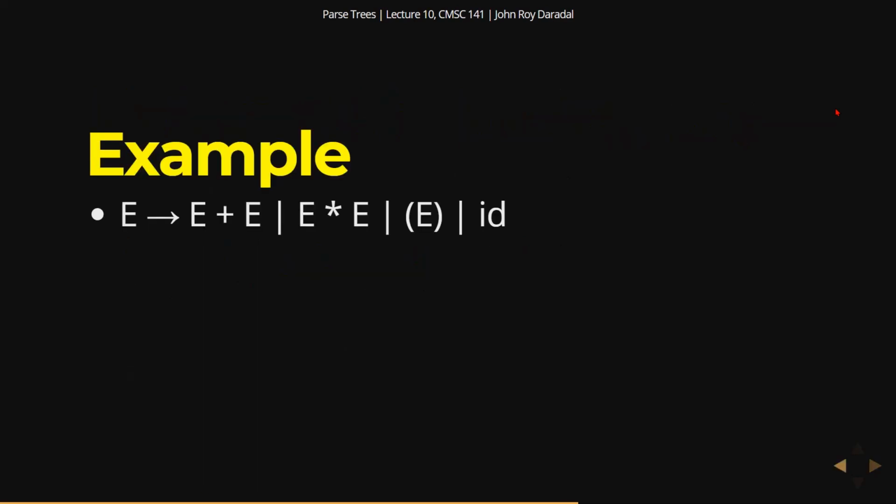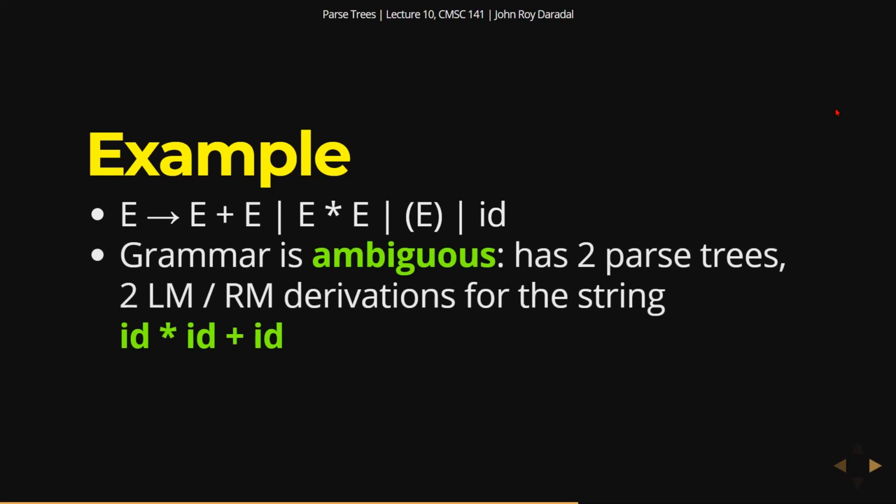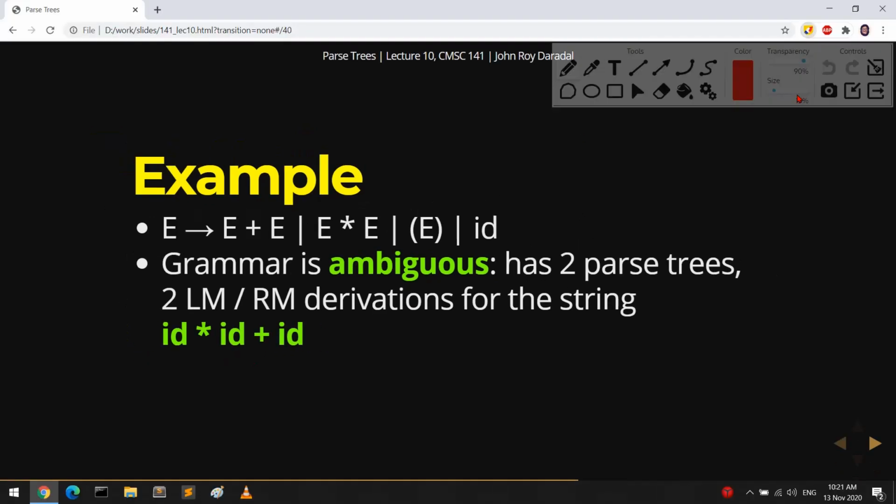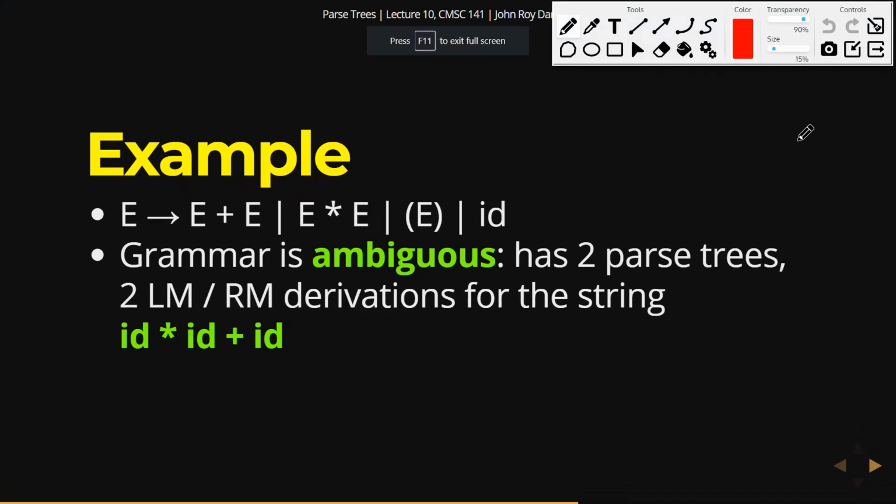So for example, this grammar is ambiguous because it has two parse trees for the string id times id plus id. So just quickly, let's show how it has two parse trees. From E here, first we could choose E times E, right?